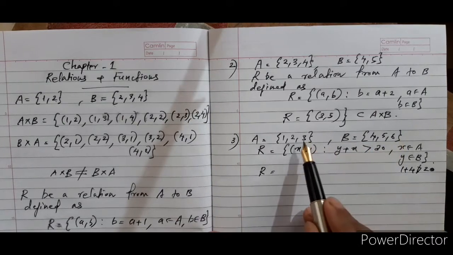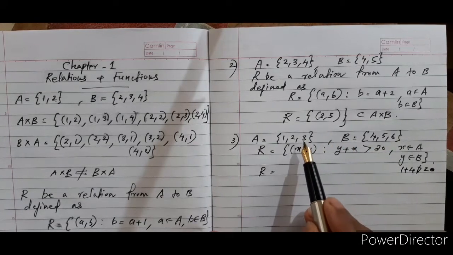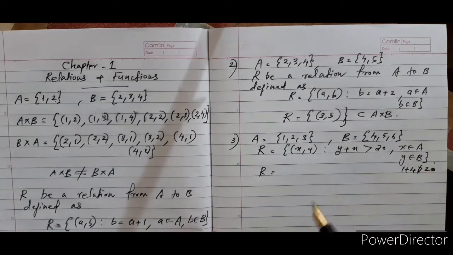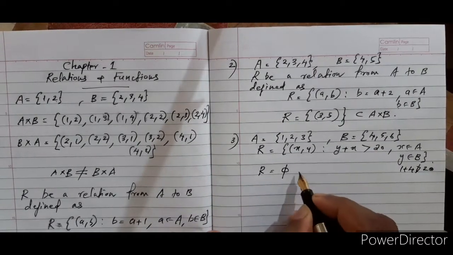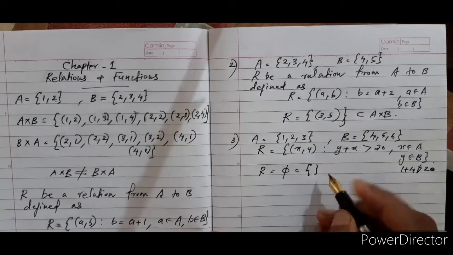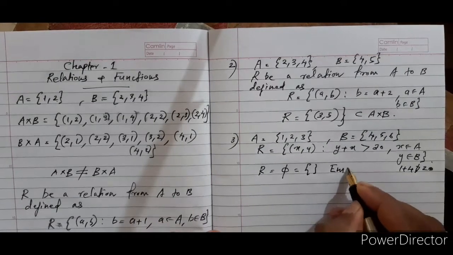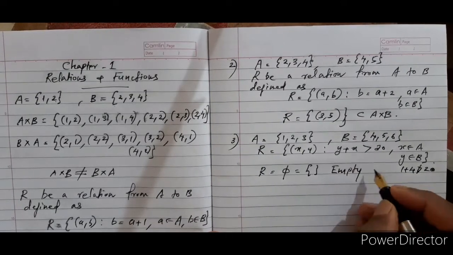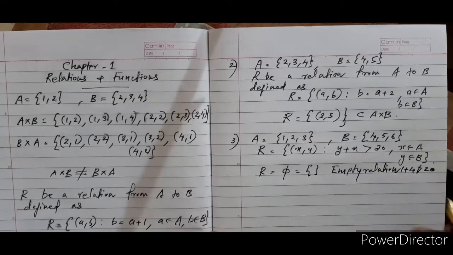That means no element of A is related to any element of B. That means R equal to null set. Null set you can write like this also. This relation is called empty relation, or void relation.